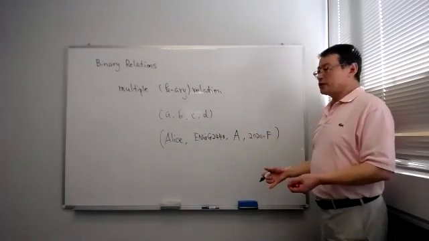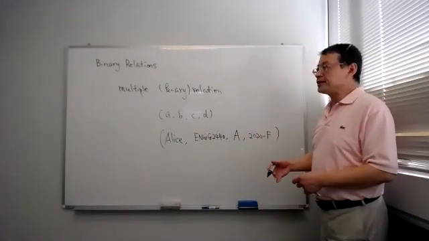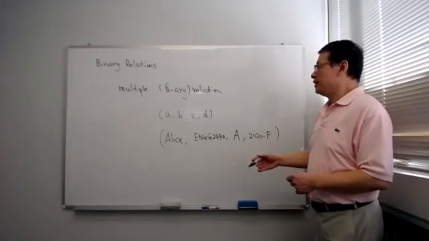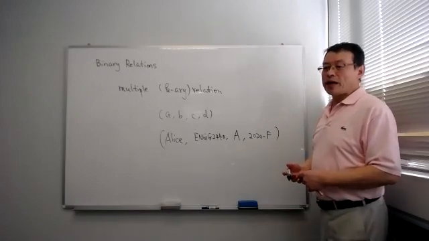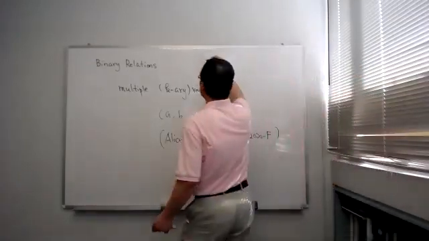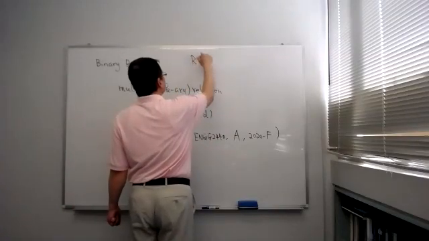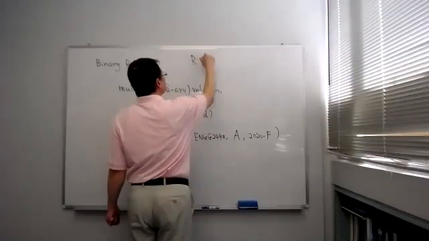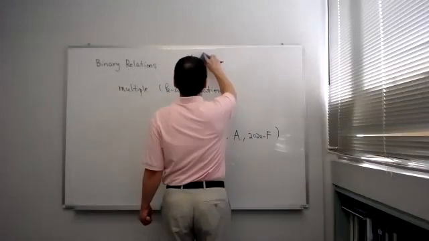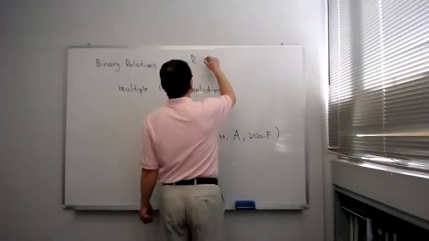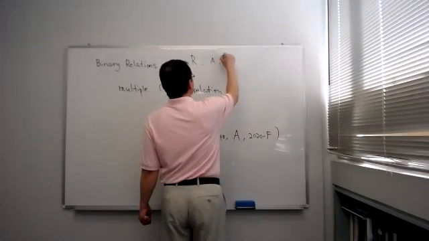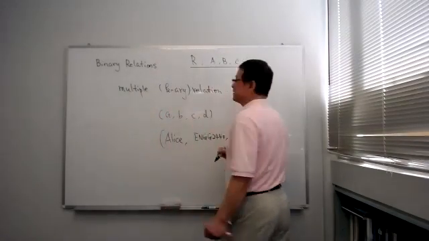Of course, we can generalize it to k-ary relations, but the foundation is still binary relation. It can be represented by binary relation. So for example, I just give you one example. Suppose R is on 3 sets.